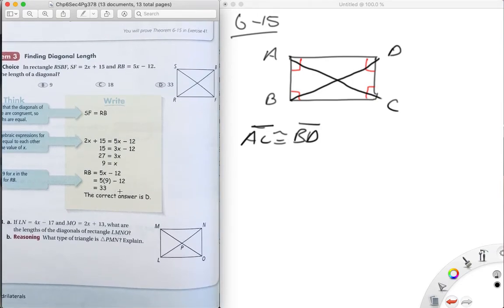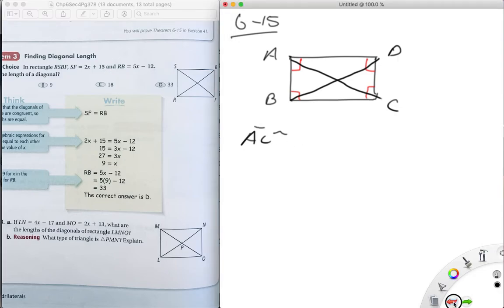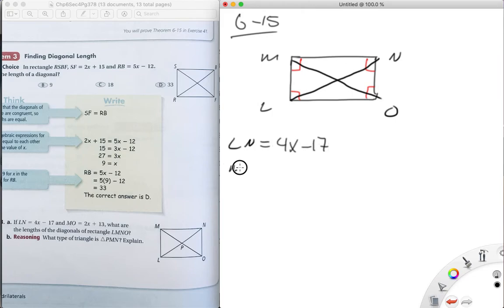So they give us a rectangle for a question, and I call it MNLO, and they say that LN equals 4x minus 17, and MO equals 2x plus 13.